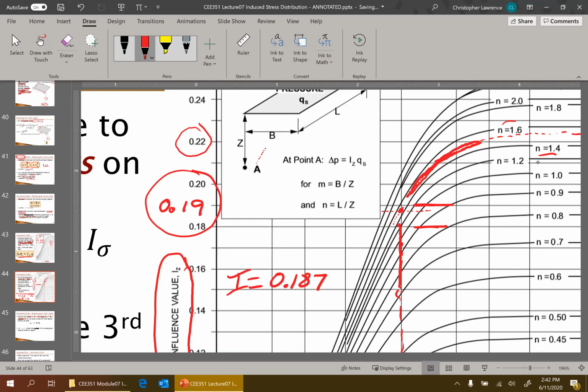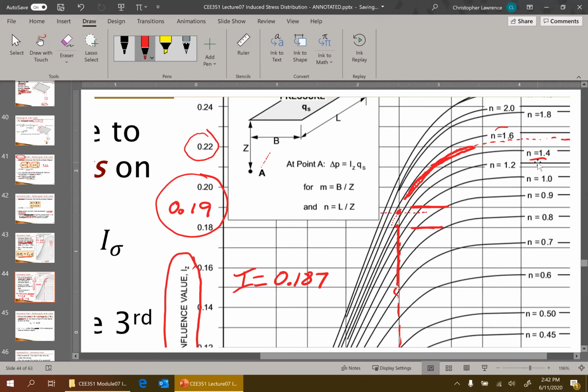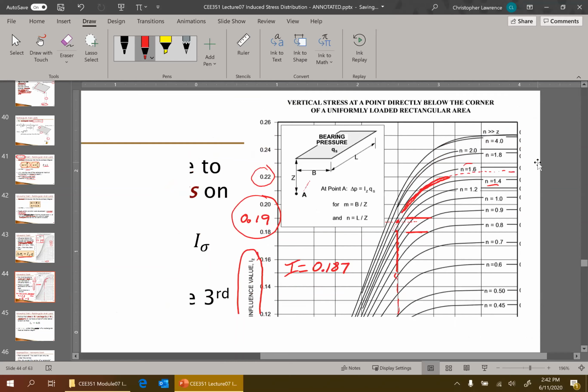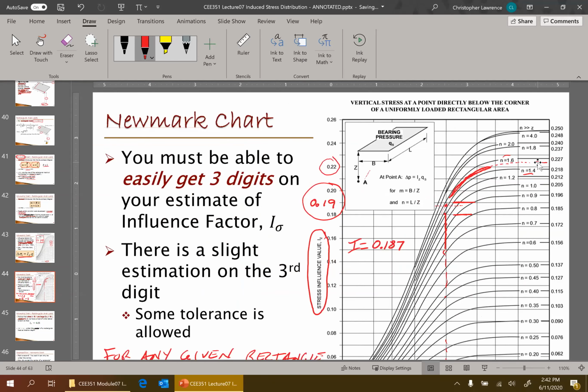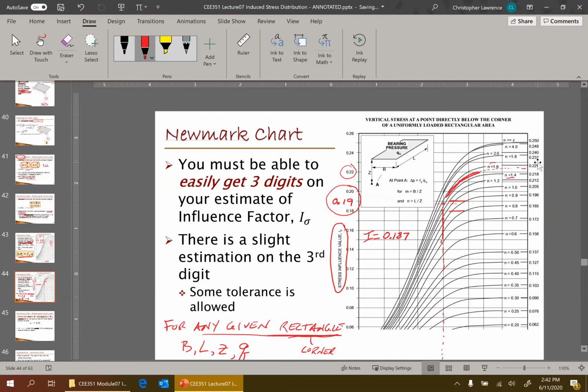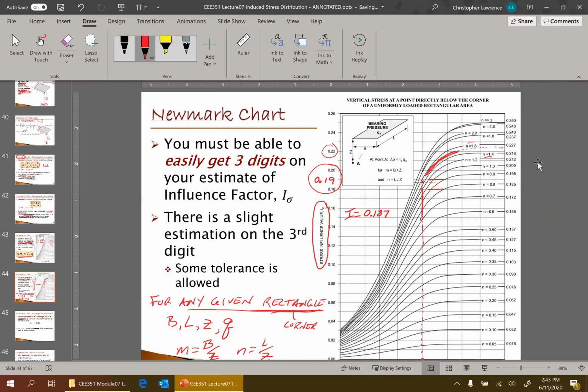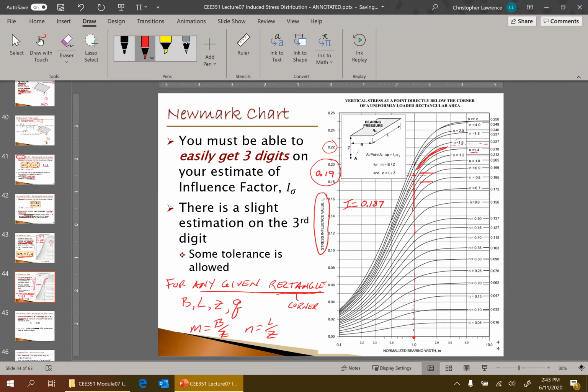Does everybody agree? Is everybody pretty clear on how you use this chart? It's very common to make a mistake like Nick did, following the curves down. No, we're looking for the intersection of M and N. That intersection defines I, the influence factor from the rectangular load.